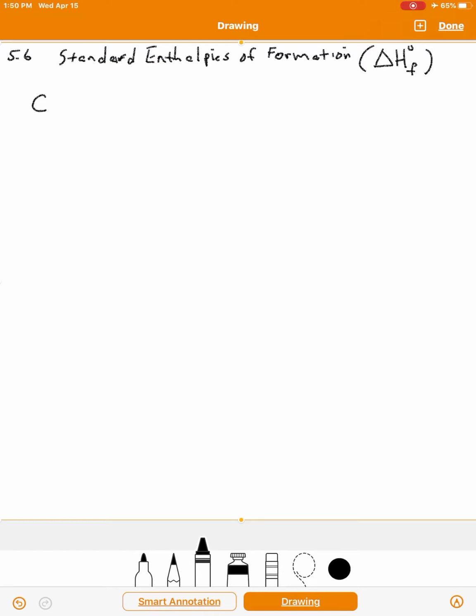Suppose I run a reaction. The reaction I'm going to show you as an example is the combustion of methane. This is a 2, by the way. So we're going to combust methane with oxygen, of course, to form carbon dioxide and water.